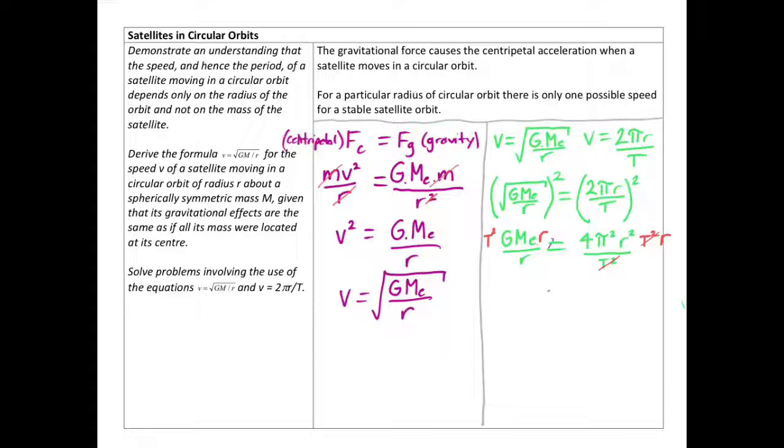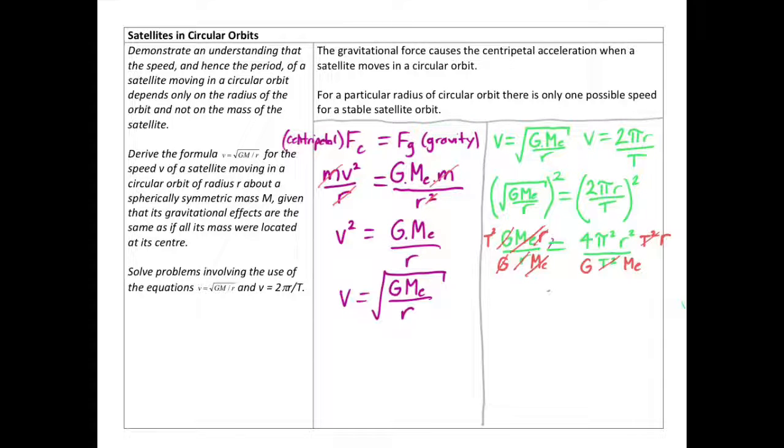So r times r squared is eventually going to give us r cubed, but we'll do that in the next line. And that r over r cancels. We've got the mass of the Earth here, so we're going to divide both sides by the mass of the Earth, and that cancels. And I want to get rid of the gravitational constant, so I'm going to divide both sides by G.